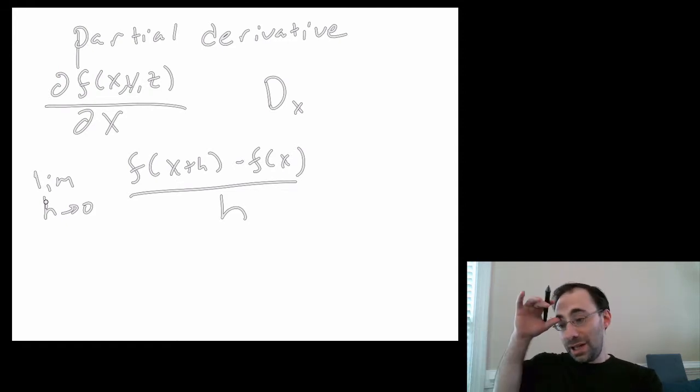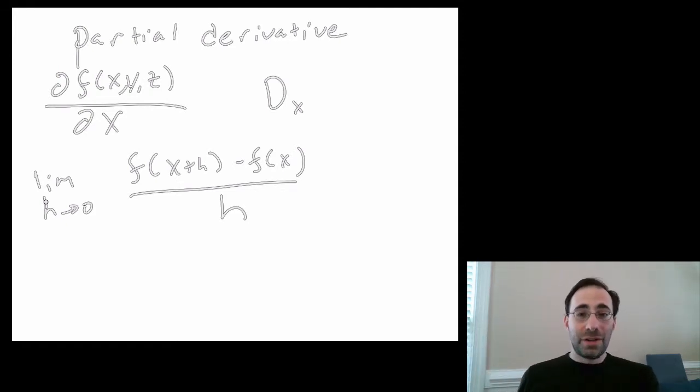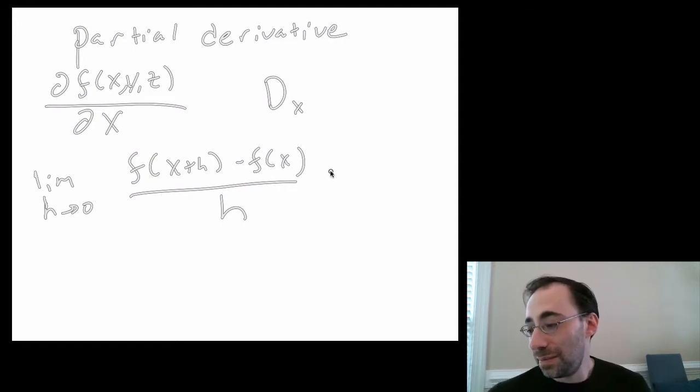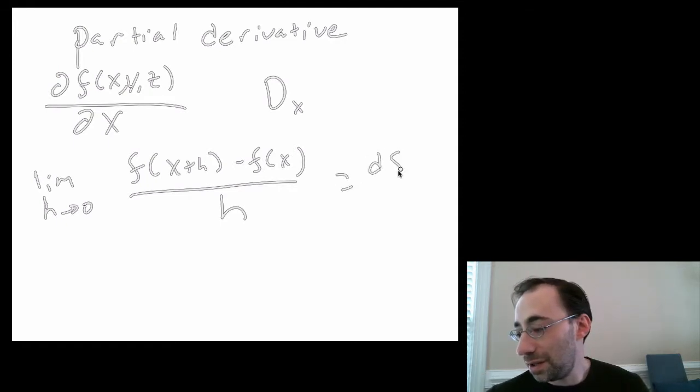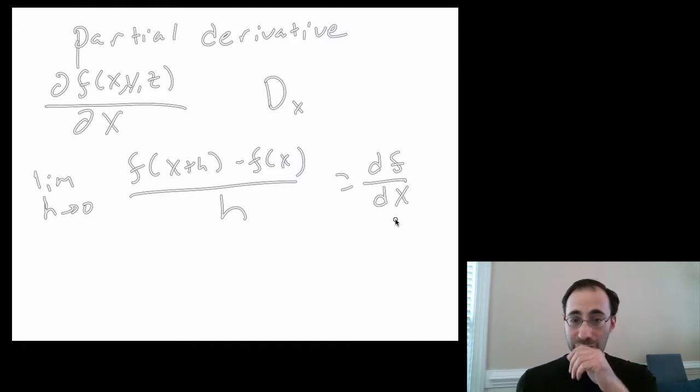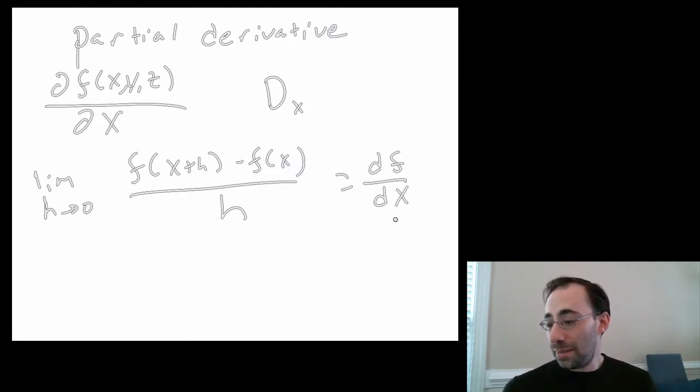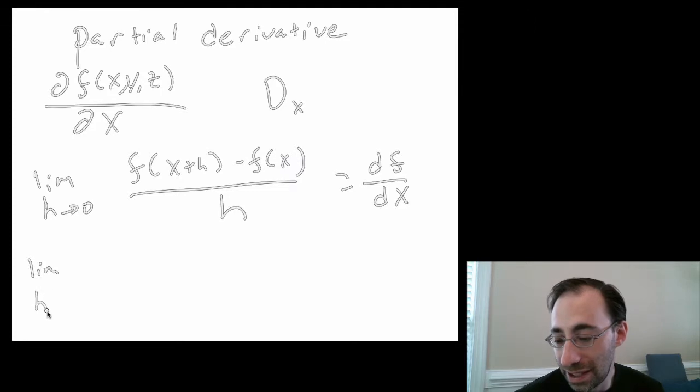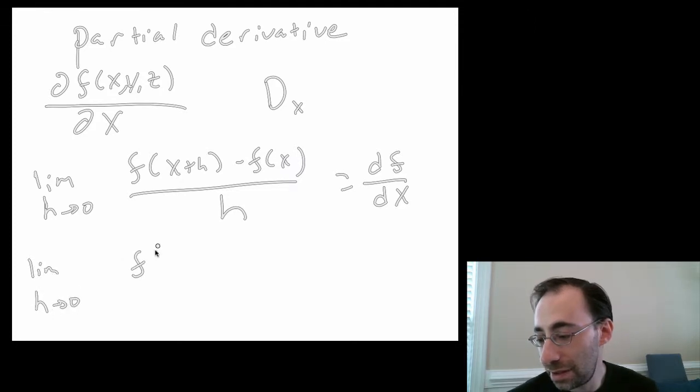Okay, these lectures. So for more than one dimension, it turns out it's more or less the same thing. So this would be the total derivative in one dimension, which is the same as the partial derivative in this case. But let's say you had more than one dimension. Let's say f were a function of x, y, and z. Well, it would be the exact same definition.